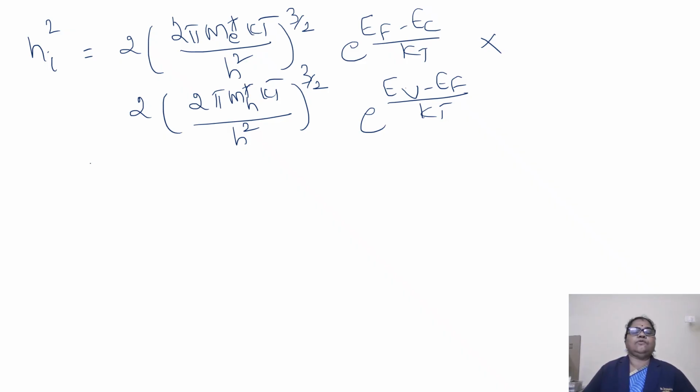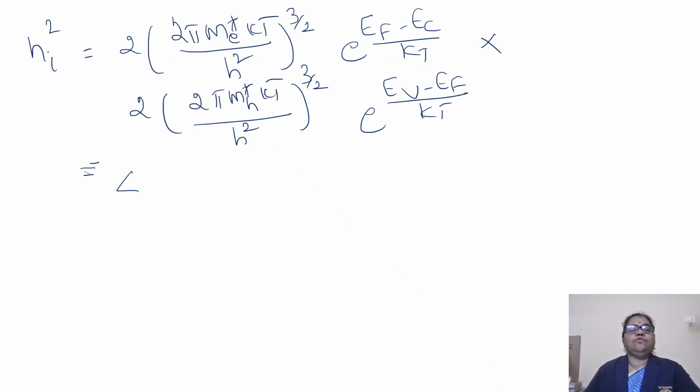According to this expression, we can multiply this 2 into 2, and in the second term 2 pi kT by h squared is common for both terms. The remaining me star to the power 3 by 2 is different because this is the effective mass of an electron, and this is the effective mass of a hole. The two terms are different. And when you multiply these two exponential terms, we can add the exponents. Simply we can have e power (Ev minus Ec) by kT.